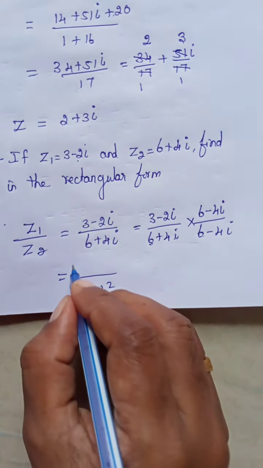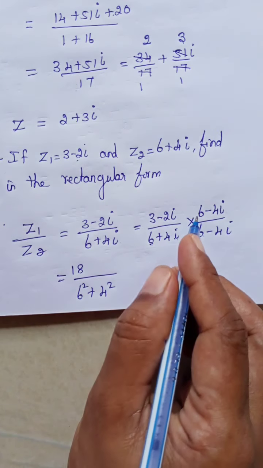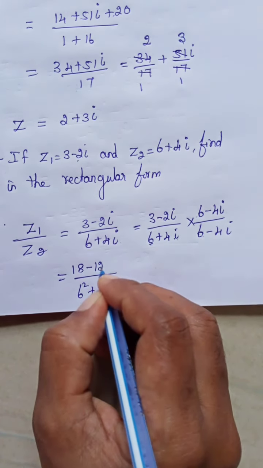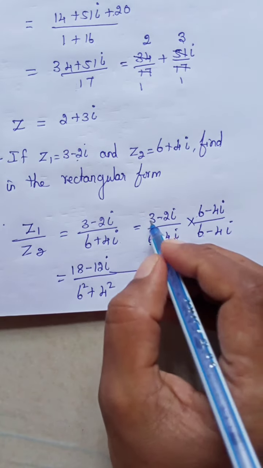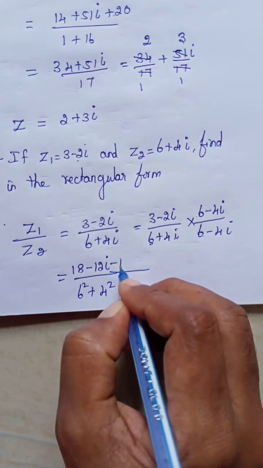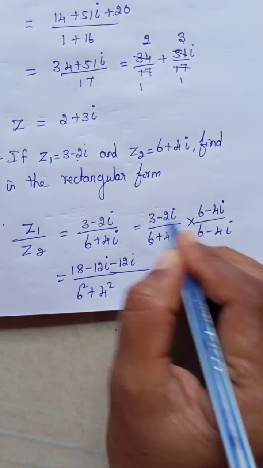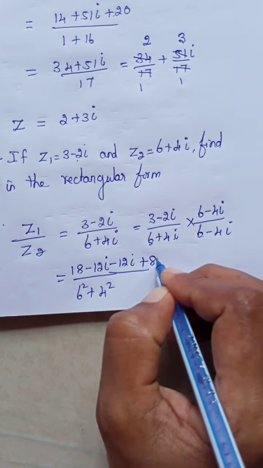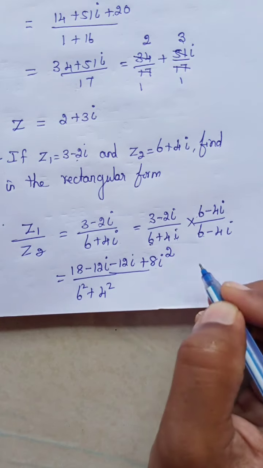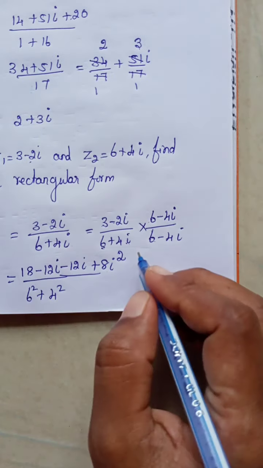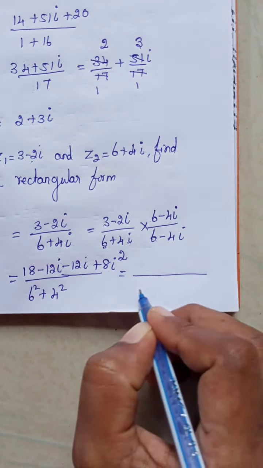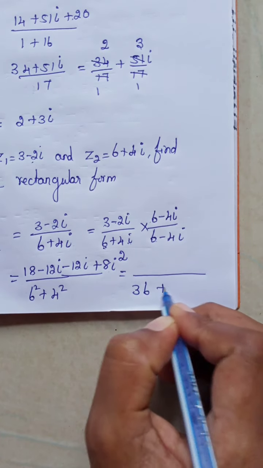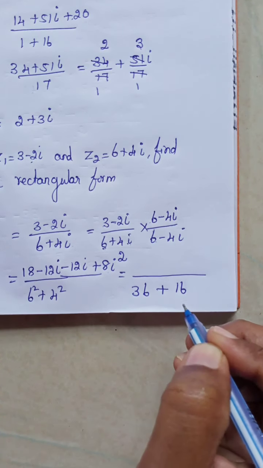Multiply this: 3 into 6, 18; minus 2i into 6, that is minus 12i. Now 3 into minus 4i, minus 12i; minus into minus plus, 2i into 4i, that is 8i square. One more step if we write, that is 6 square 36 plus 4 square 16.